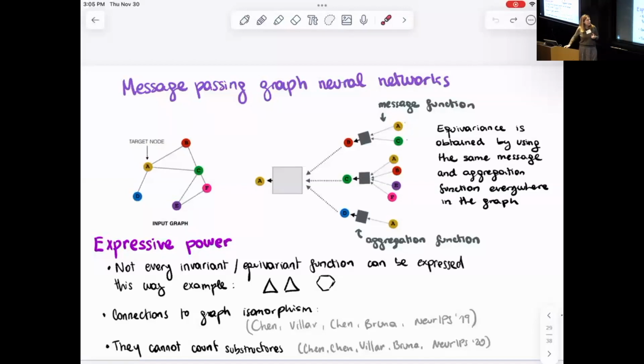So if I have this node here, B, I can write equivariant functions by just looking at the neighbors of B, and having a message function that each neighbor sends to B, and then having an aggregation function where B aggregates all the information that it gets from its neighbors.